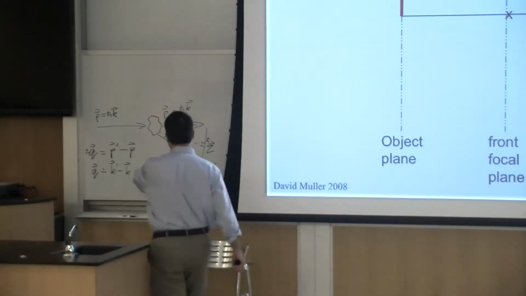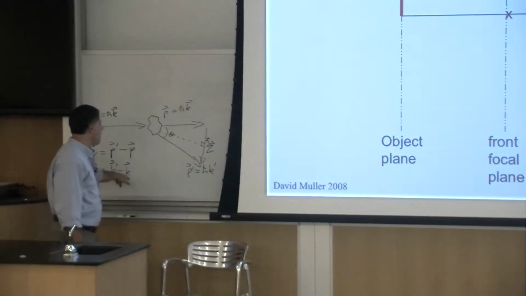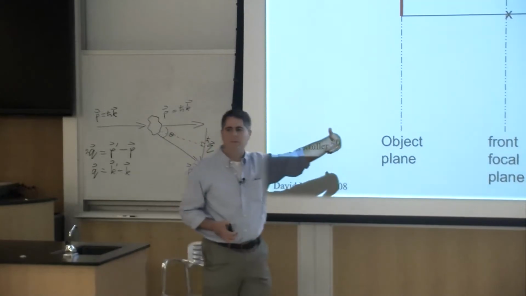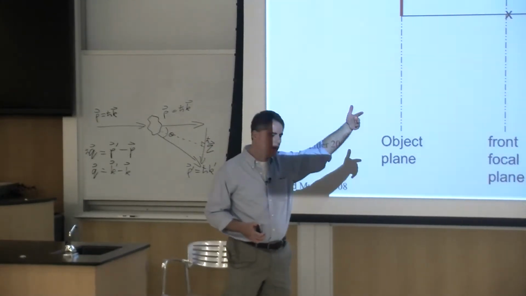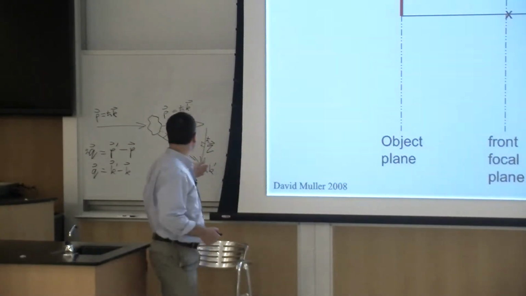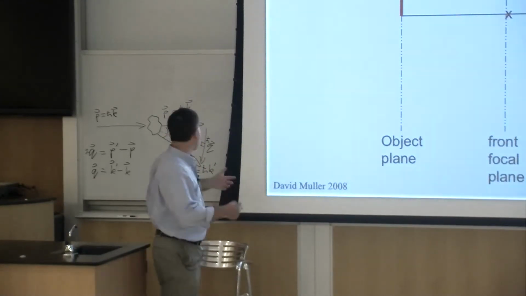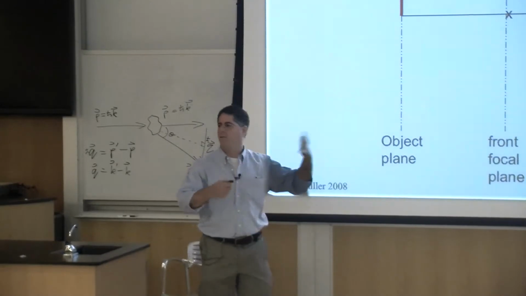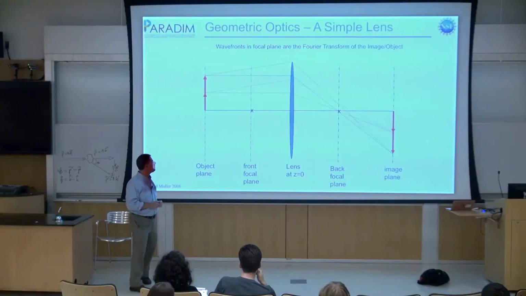If I'm looking at wave vectors K, a wave number is 2 pi over lambda from your wave optics class. Wave numbers have the units of inverse angstroms, and position has the units of angstroms, because that's the natural unit to work with for electron microscopes.